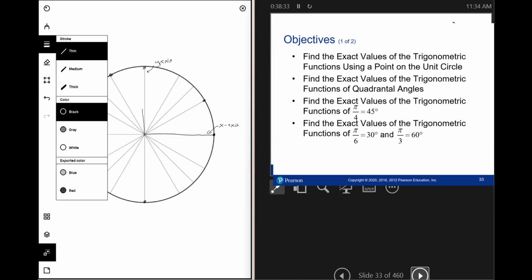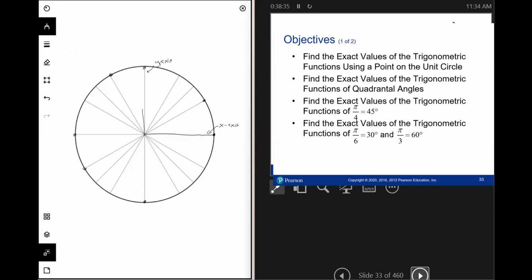Let me change the thickness of my pen. So we have the portion of the X and Y axis that the radius lands on. So these are the quadrantial angles. Okay. Oh, this should be in files.